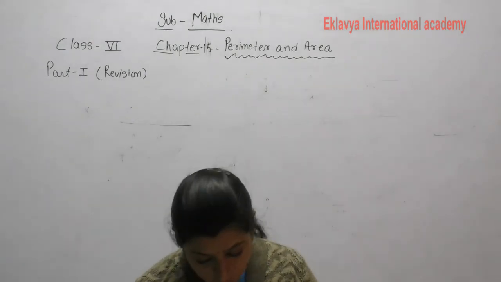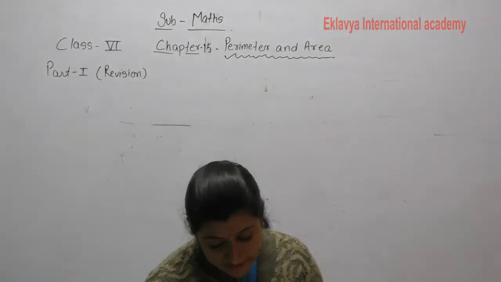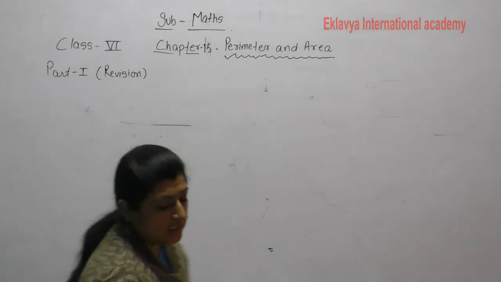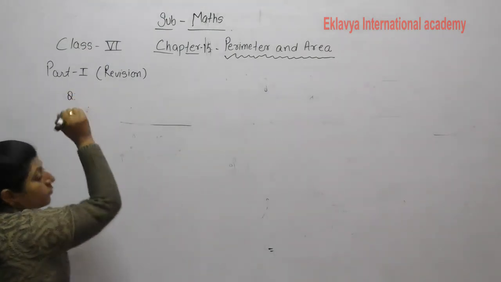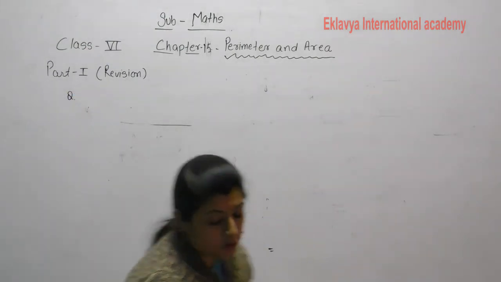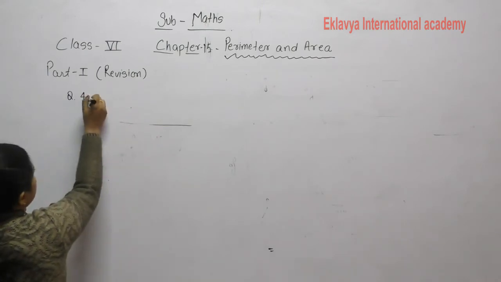Now see another question. Find the cost of fencing a rectangular park. Question number 4 of the book.